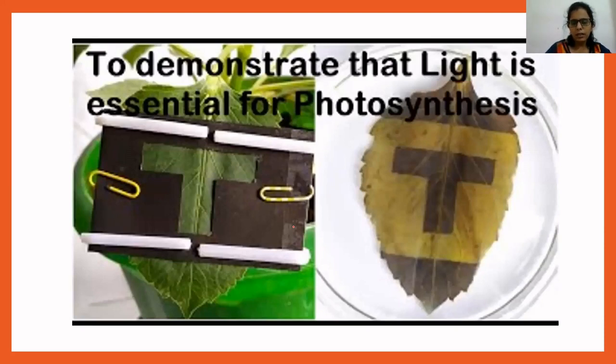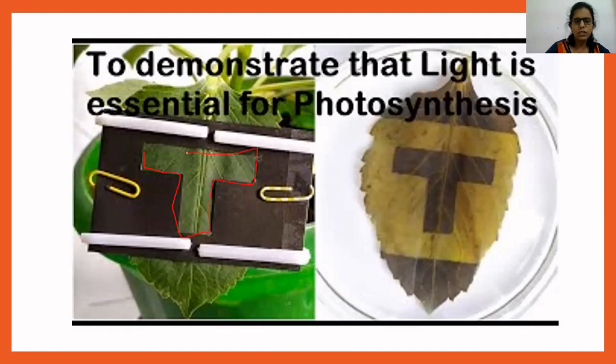Here is the real experiment which was done on one of the leaves. This picture shows the result of the experiment. The black paper was covered on the top, on both the sides of the leaf, and in the center the shape of T was made.